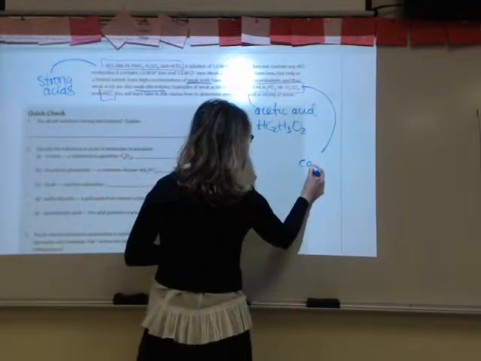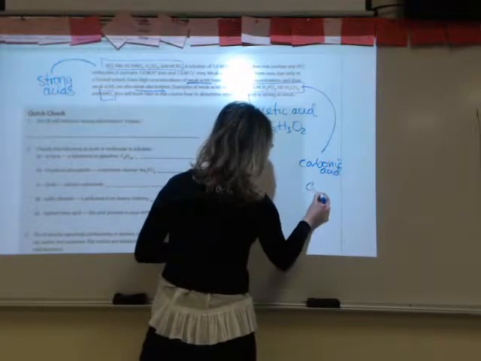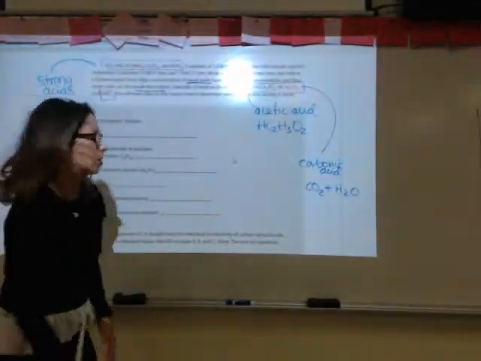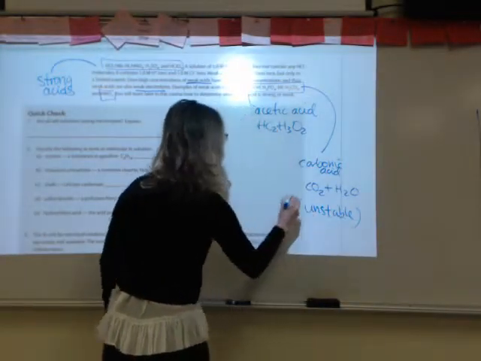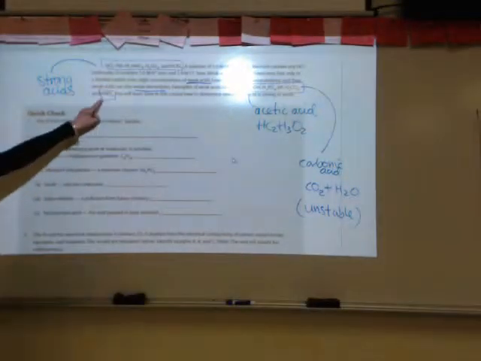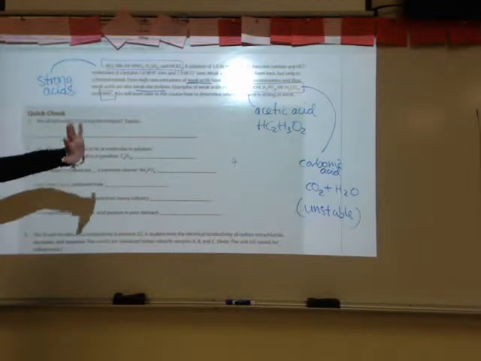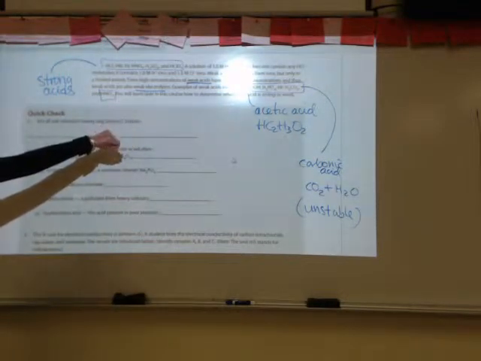Recall, carbonic acid will decompose into carbon dioxide and water immediately because it is unstable. And then you have nitrous acid. Make sure you know the strong versus the weak acids, okay?